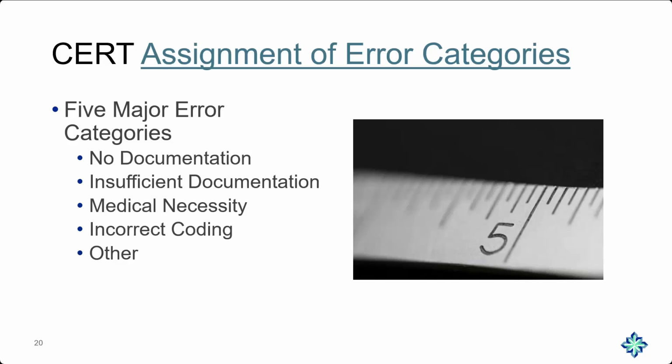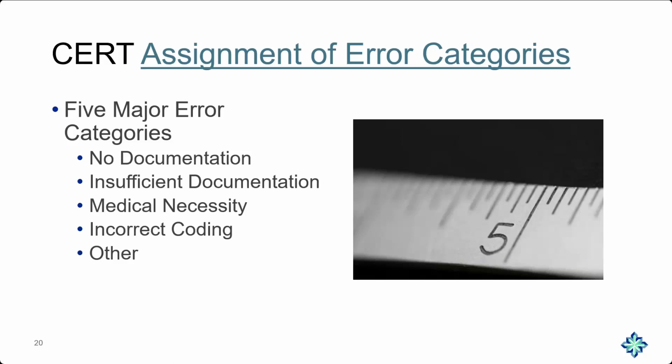If you were paid for something and then they did the review and found that the services weren't documented appropriately to show or justify medical necessity, that would be the type of error category assigned. So medical necessity. And remember that policies equal edits and policies define medical necessity.